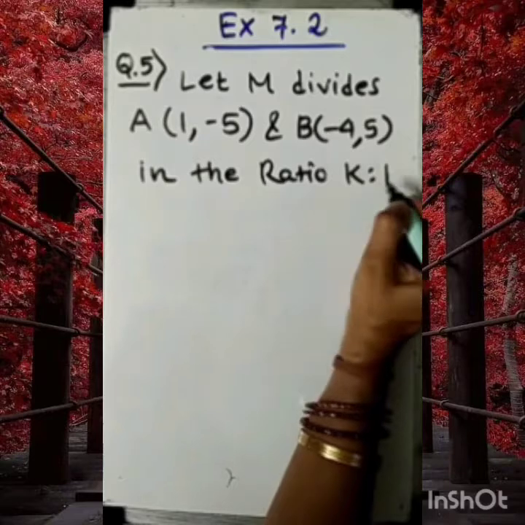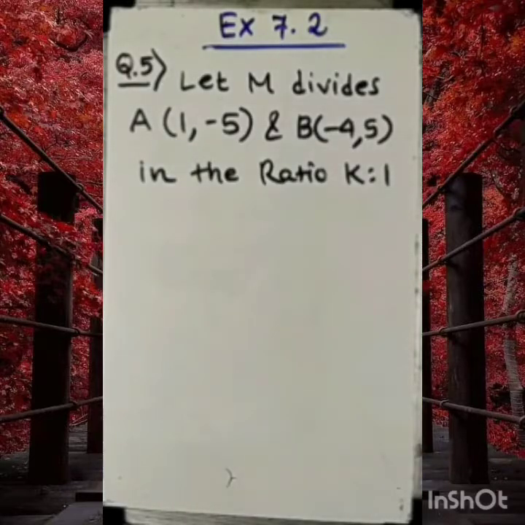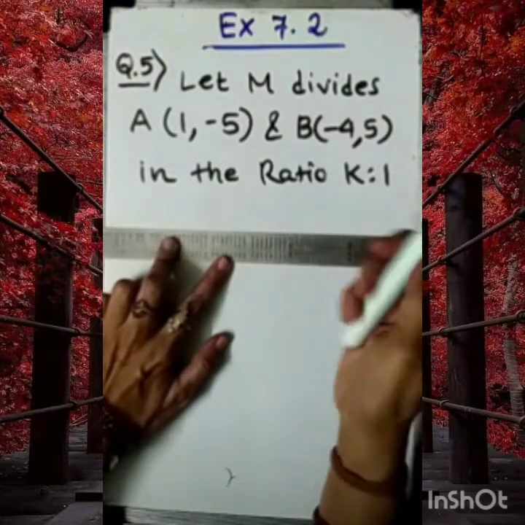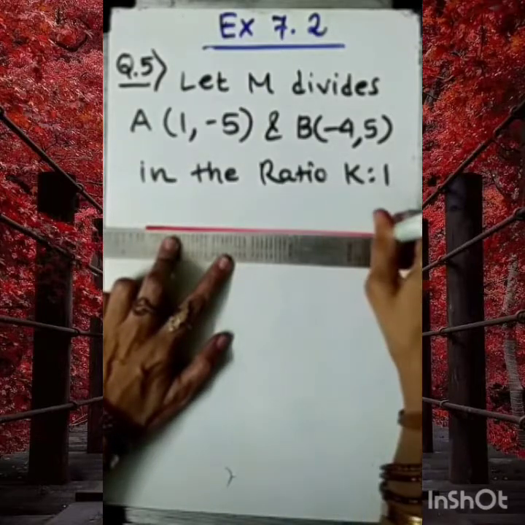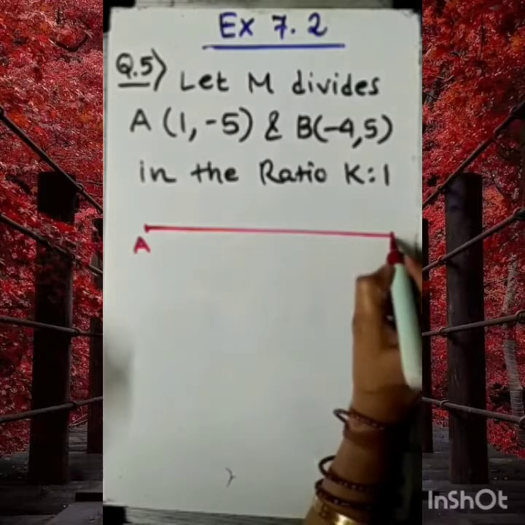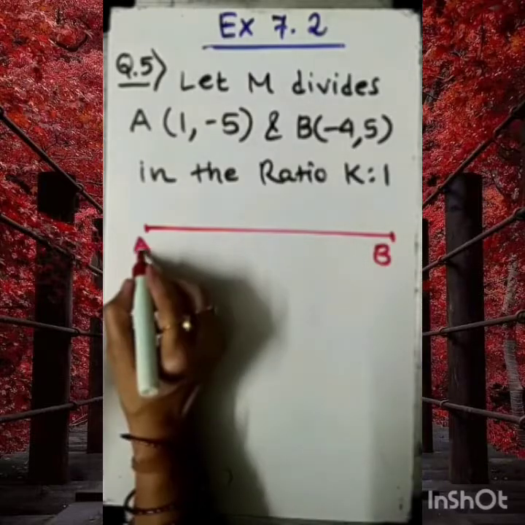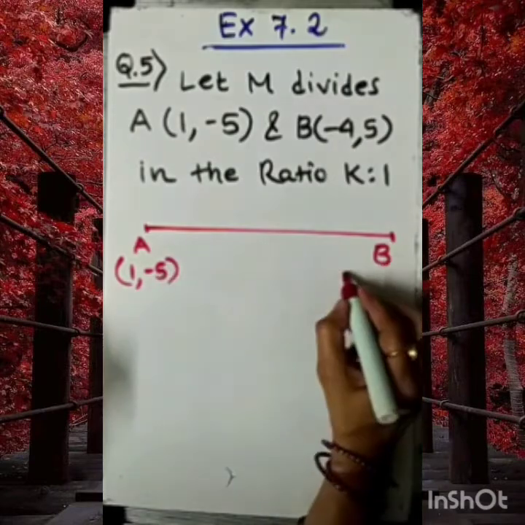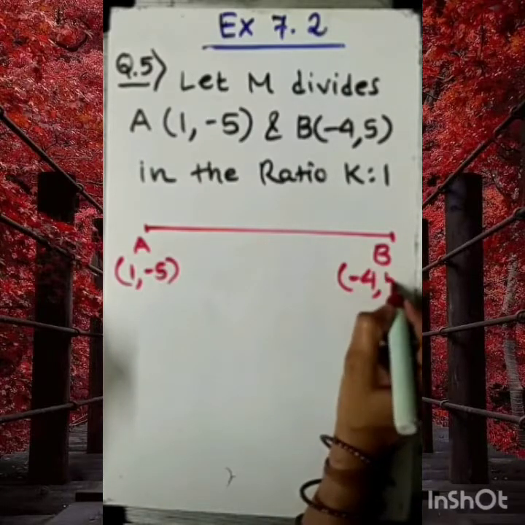Please remember, dear student. Now we need to draw one line, very simple. Points A and B are the ending points of this line. I am choosing this point as A and this point as B. The coordinate of A I am mentioning here (1, -5), and the coordinate of B is (-4, 5).